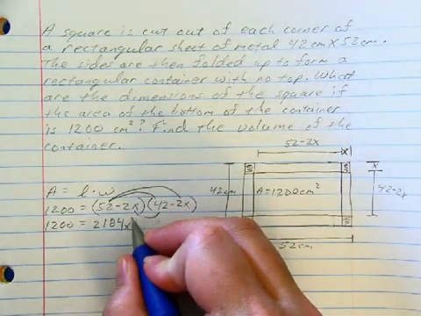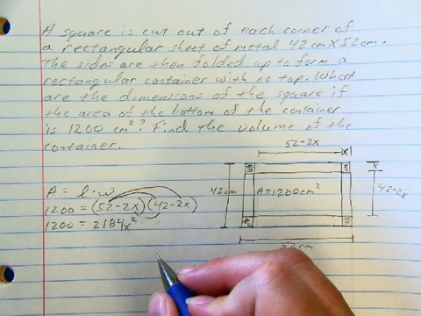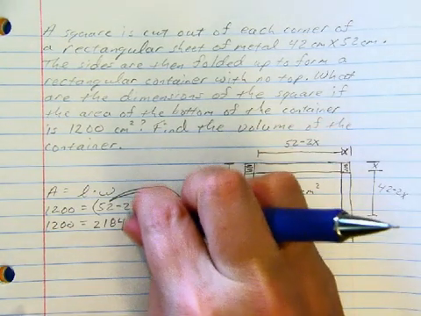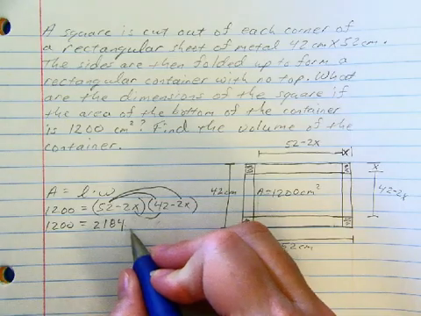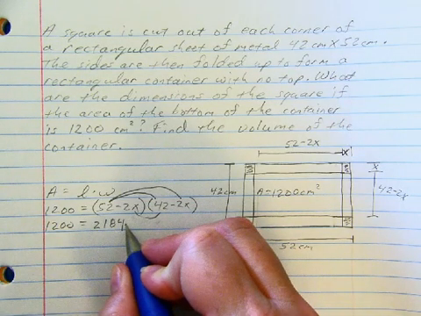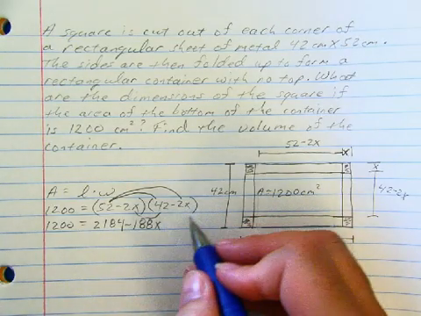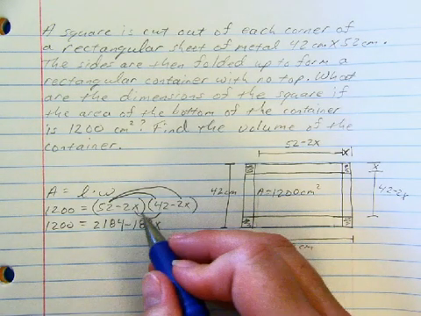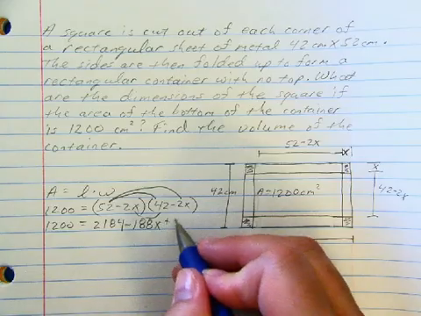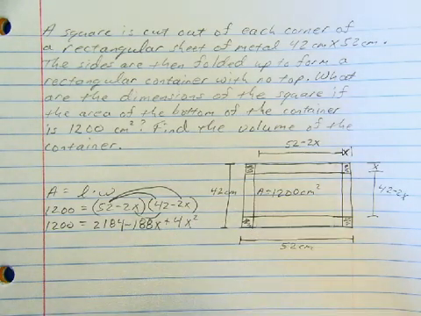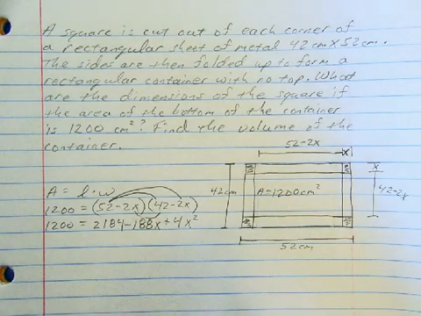This should be x squared, right? Oh, no. It's not. It's just in the wrong order. Minus 188x. Now we'll get the x squared. So a negative times a negative gives us a positive 4x squared. Sorry, that threw me off with the x squared being at the end.